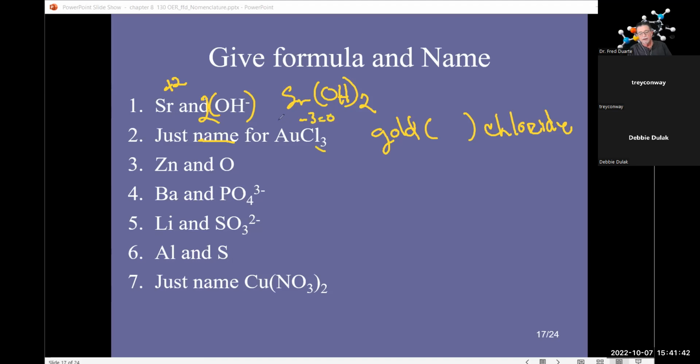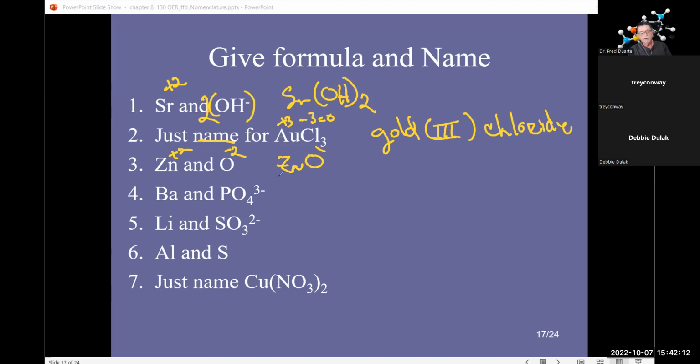That implies that the gold must be +3, so that the whole thing equals 0. So that is gold(III) chloride. The zinc is a +2, it's one of the 16. The oxygen is oxide, which is a -2. So we can just put them together simply in a 1-to-1 ratio, ZnO.